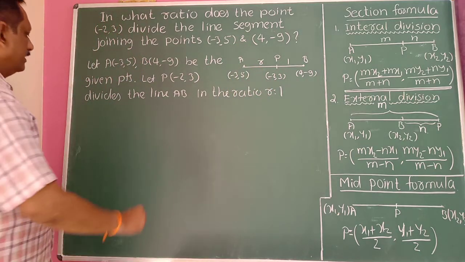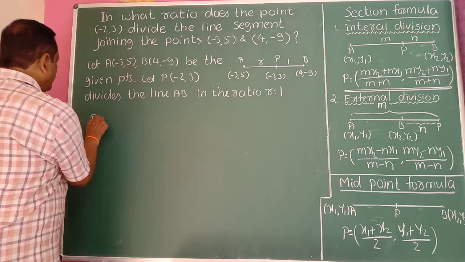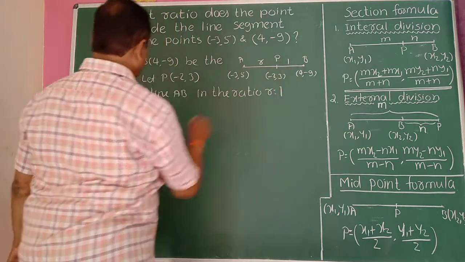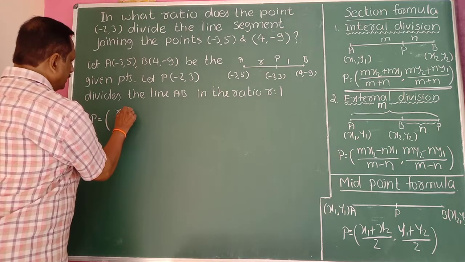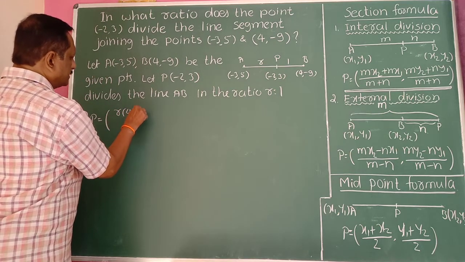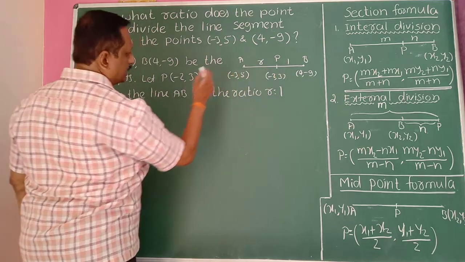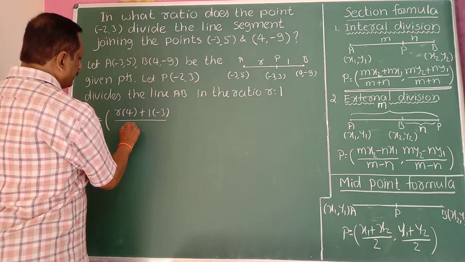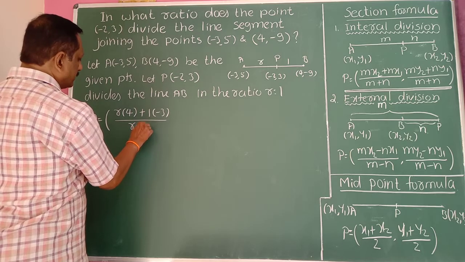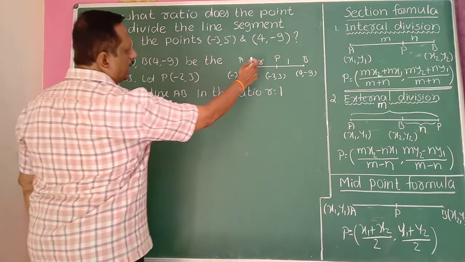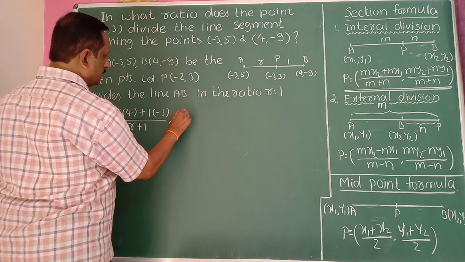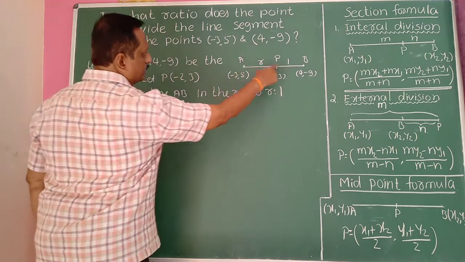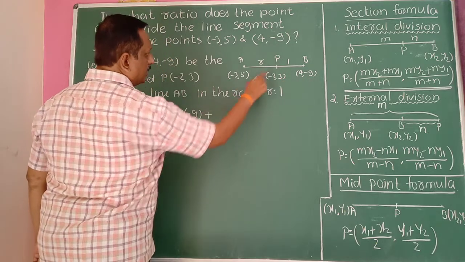Yes, coordinate of the point P is equal to r into 4 plus 1 into -3, divided by r plus 1 here. Then take y coordinate now: r into -9 plus 1 into 5.